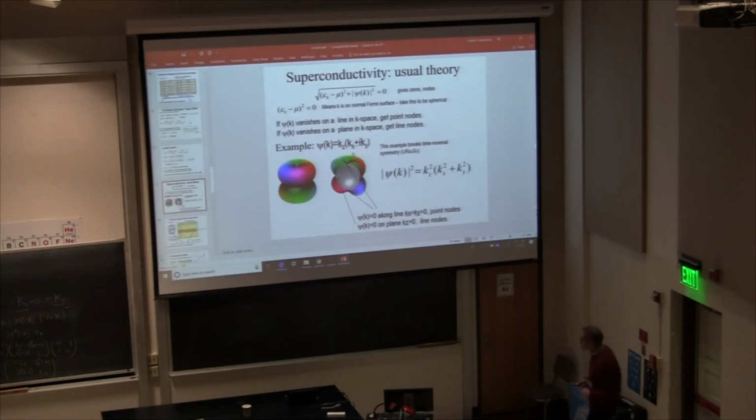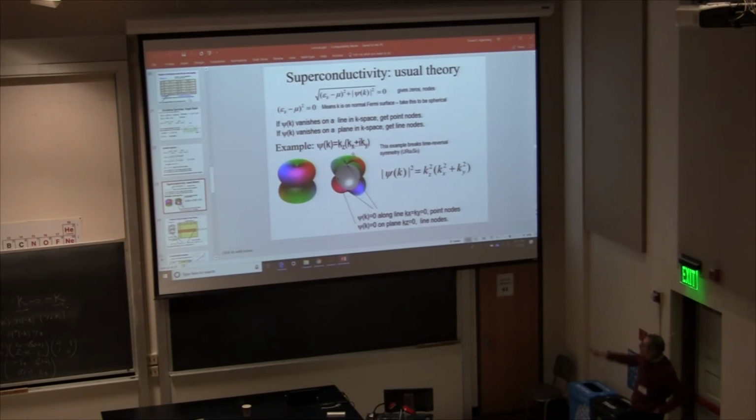Okay, just to drive this point home, let's look at an example I showed you before, one of the more complicated spin singlet examples. Here is my excitation energy that I want to set to 0. I'm going to imagine that I have a spherical Fermi surface, so this is satisfied on a sphere, the gray sphere here. Then I'm going to take as an example this psi of k, which is kz times (kx plus i ky).